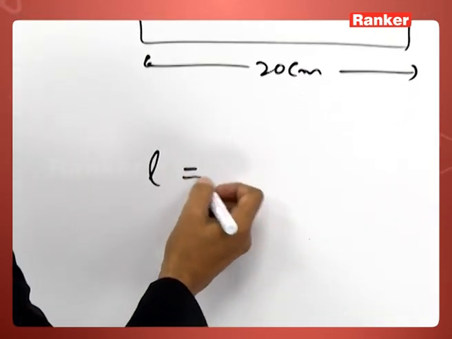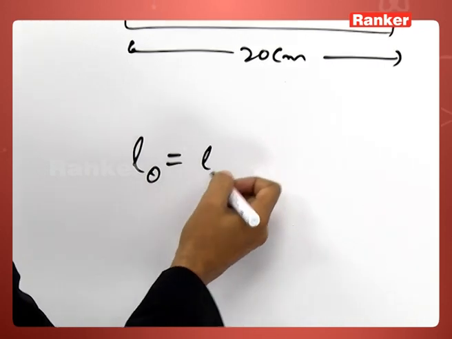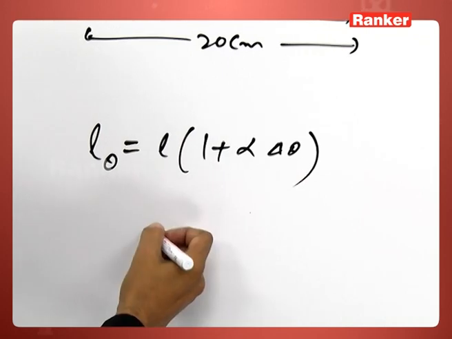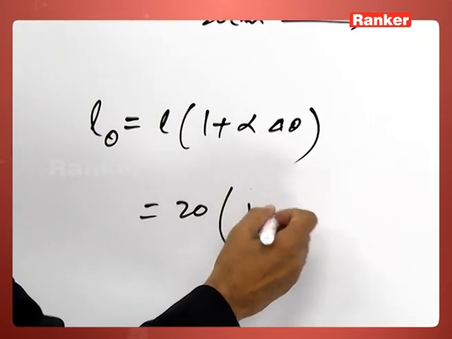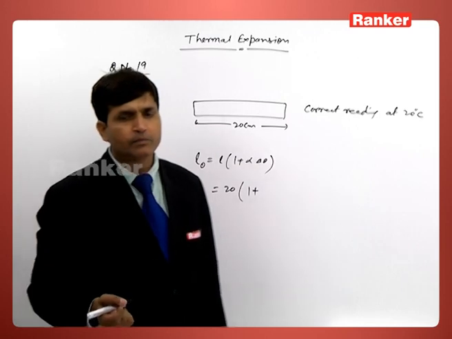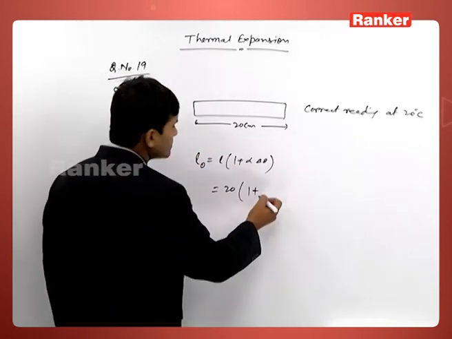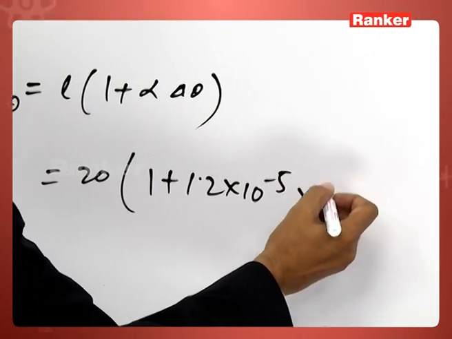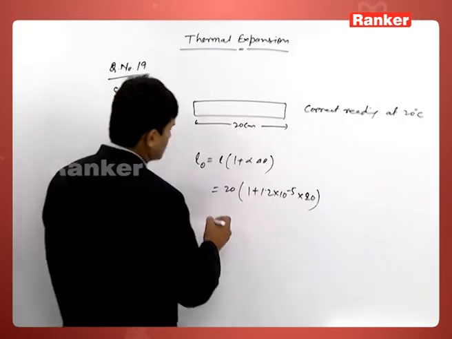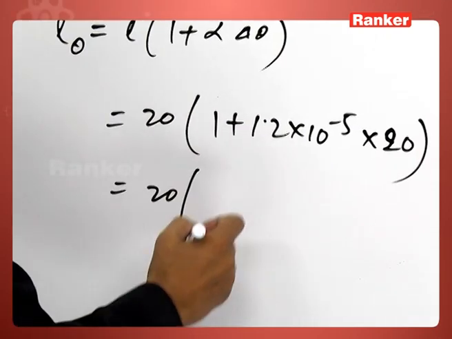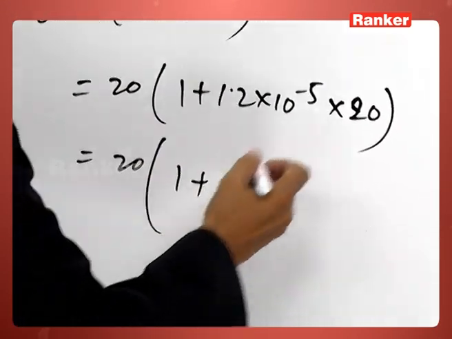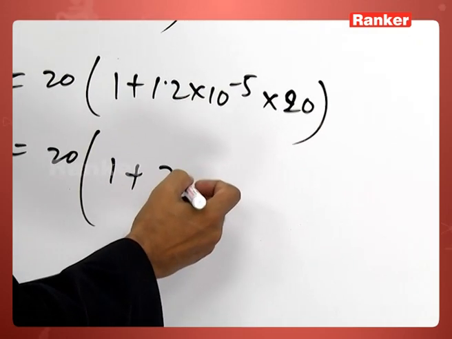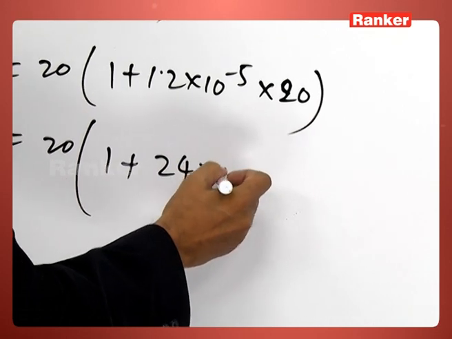So actual length here L is equal to L_θ is equal to L(1 + αΔθ). L is your 20, 1 plus alpha value 1.2 × 10 power minus 5, and change in temperature your 20. So this we can simplify. 1 plus this your 24 into 10 power minus 5.